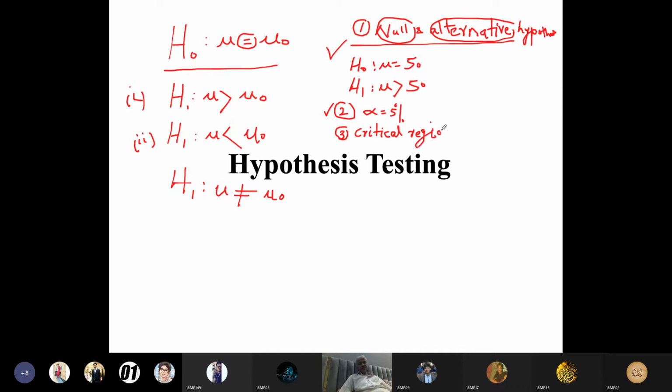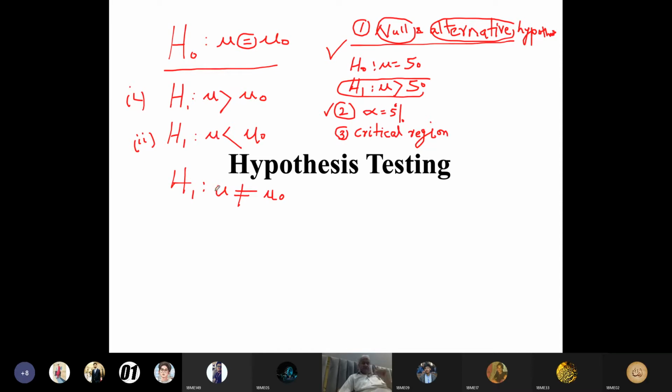Now, as we said, of course three alternatives exist: greater than, less than, not equal. But as far as problems are concerned, you follow only one. Only one is to be written, not at the same time greater than, less than, or not equal.